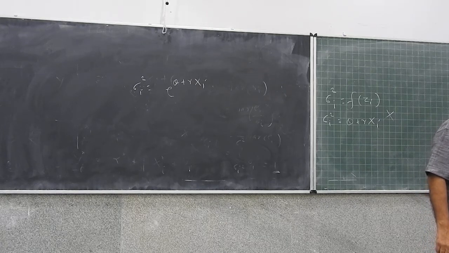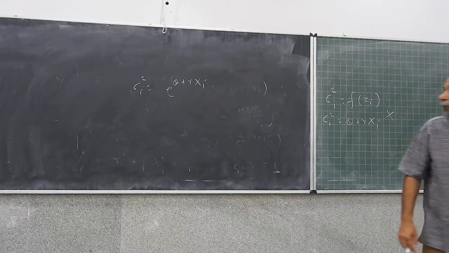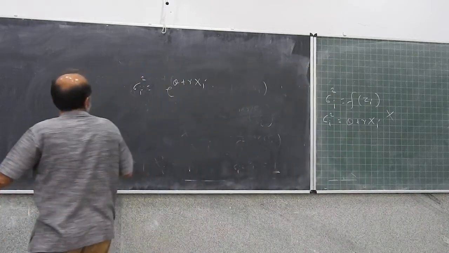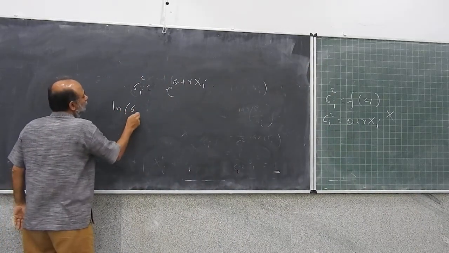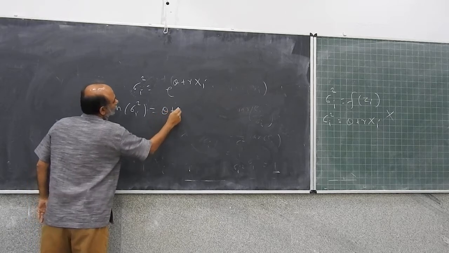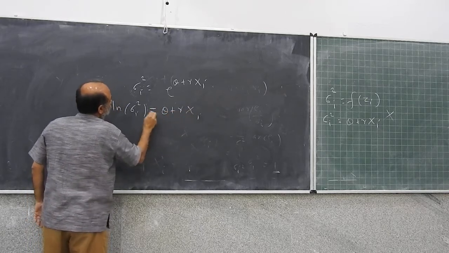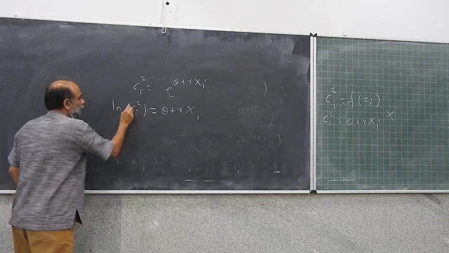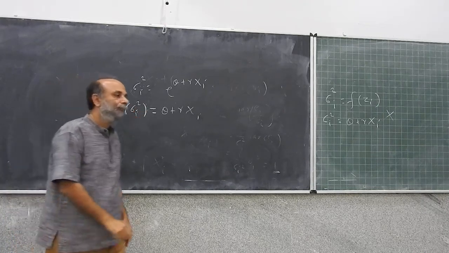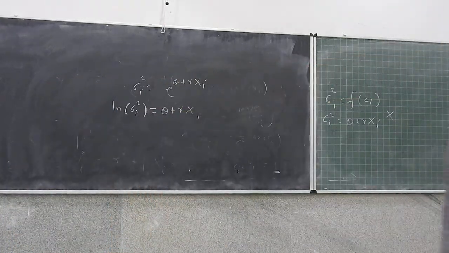Everybody gets this? Sure? So what we have from this is, take the natural log of both sides. If it is the natural log of e raised to theta plus gamma xi, you will get theta plus gamma xi, right?